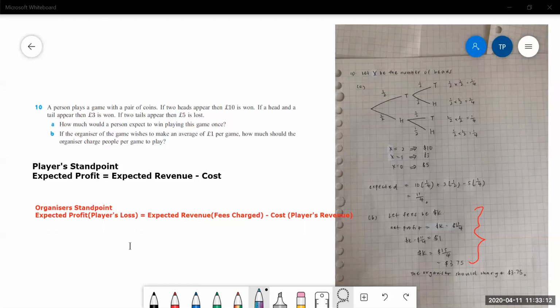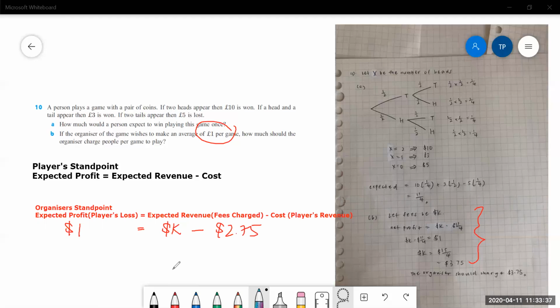Right? Okay. So right over here, I want our expected profit, because the question says we want to make $1 per game. So this here will be $1. The fees charged will be K dollars. The player's cost will be $2.75.